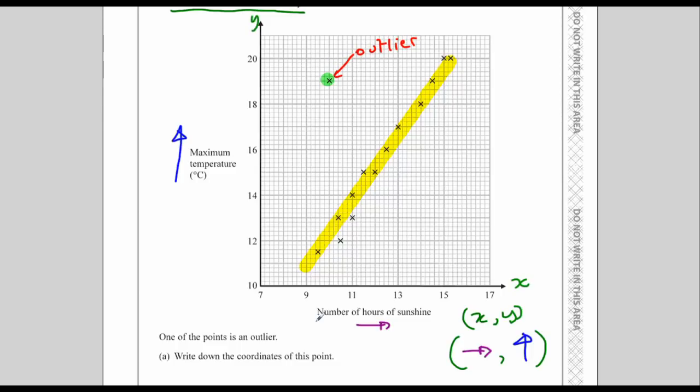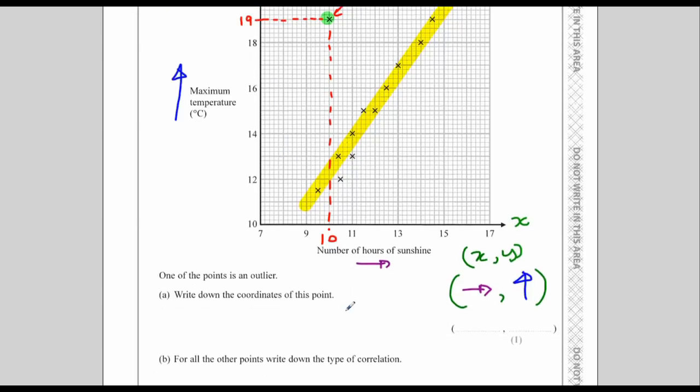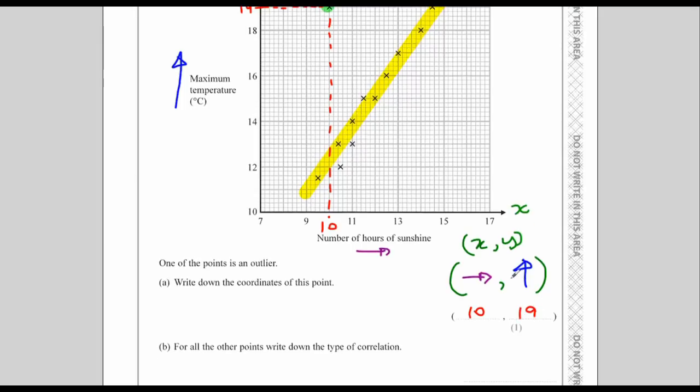Okay, so the coordinates, let's read down, and it's between 9 and 11, so that's 10. Read across, it's between 18 and 20, so that's 19. So across and then up, so it's 10, 19 is your answer.